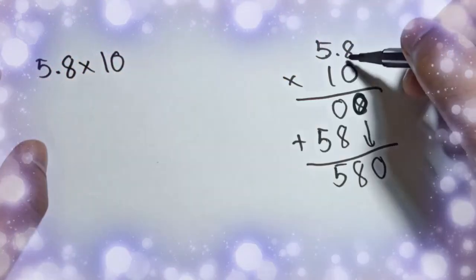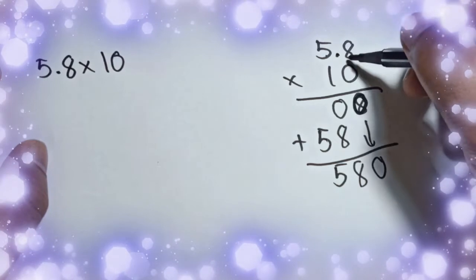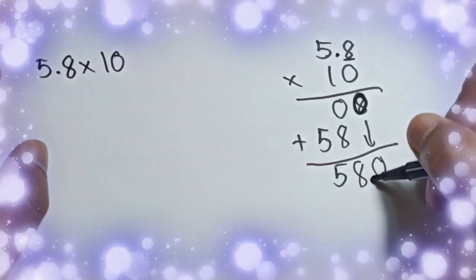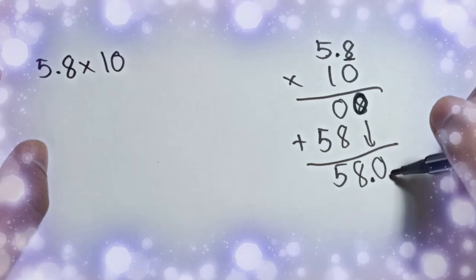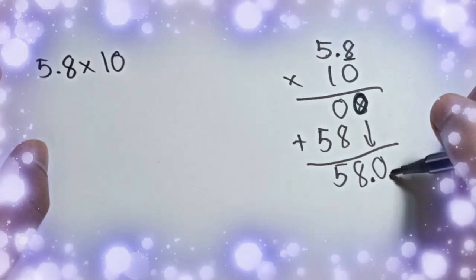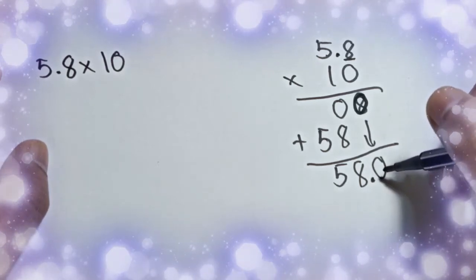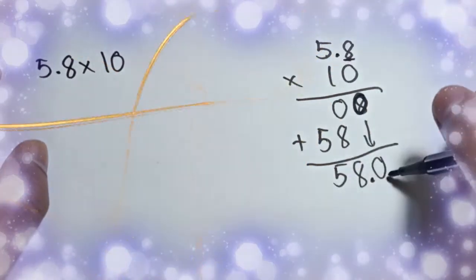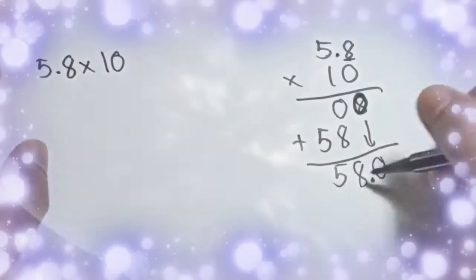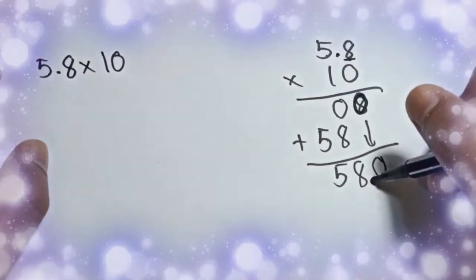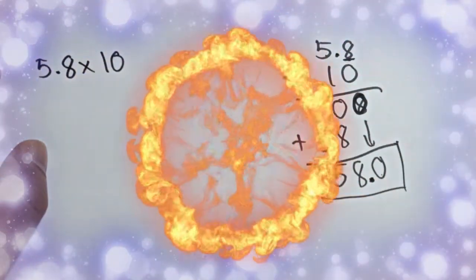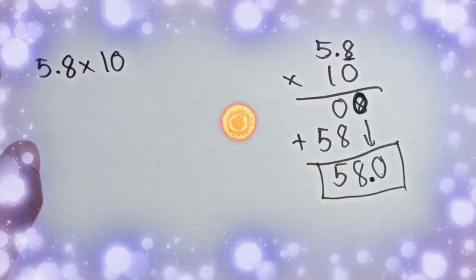Since there is one number on the right side of the decimal point, we count 1 from the end, so we put the decimal point here. So the answer is 58.0 or 58 in the traditional way.